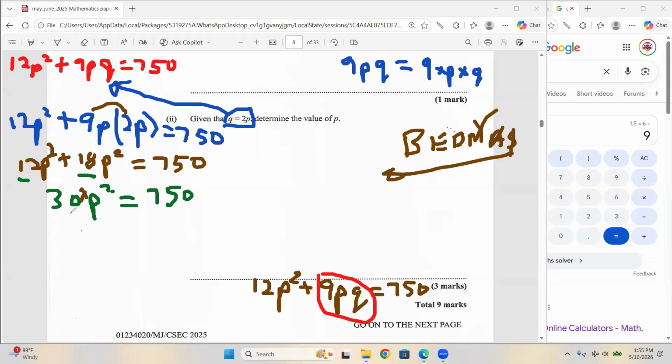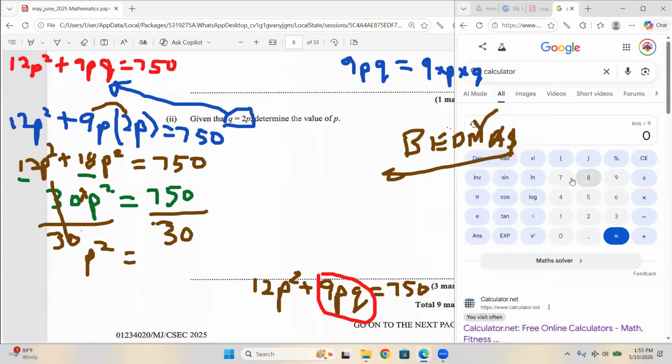So I move the 30 first by dividing, doing the inverse of multiplication. 30 P squared divided by 30 is P squared, is equal to, hello calculator, 750 divided by 30, I got 25.